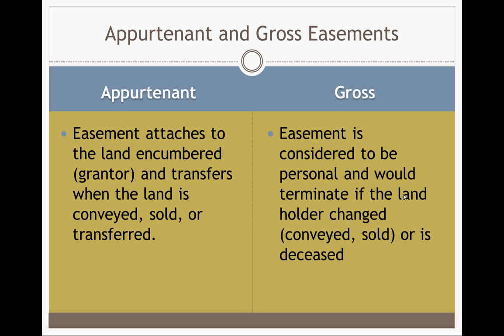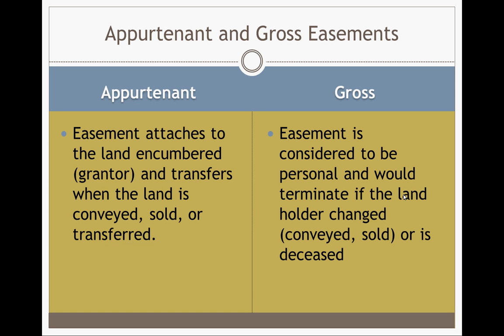Now, appurtenant: the easement attaches to the land encumbered, the grantor's land, and transfers whenever the land is sold, conveyed, anything. So if I sell this piece of property and I have an appurtenant easement, then that's going to transfer when I transfer the property.